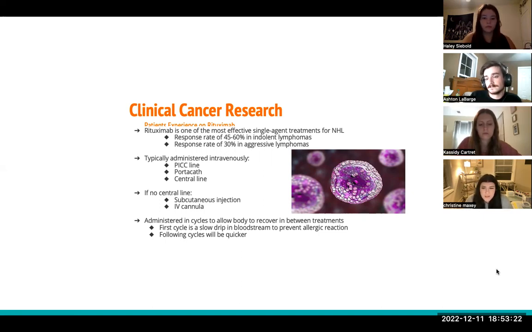It's usually administered in cycles so the body can recover between receiving the medication. It is important to note that every cycle depends on what type of cancer and the reaction to the previous cycle before it. The initial cycle will be a slow drip into the bloodstream for prevention of an allergic reaction. All following cycles are determined by the cycles before it, but they will be quicker.